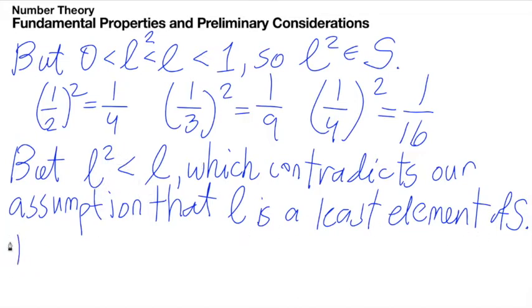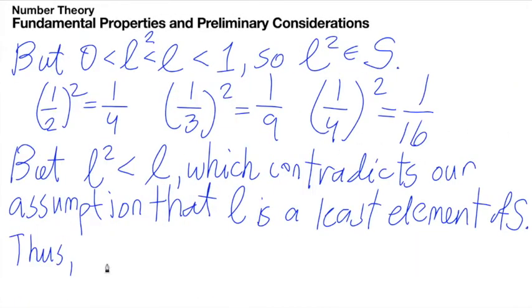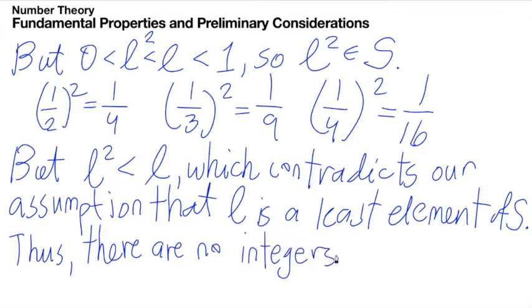Thus, by contradiction, we falsified a false statement, so therefore we have proved that there are no integers between 0 and 1.